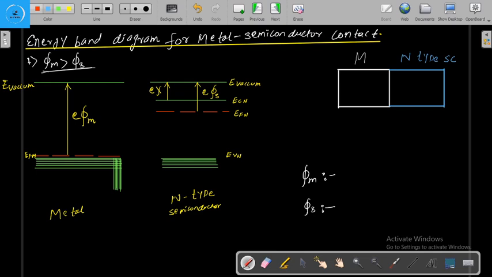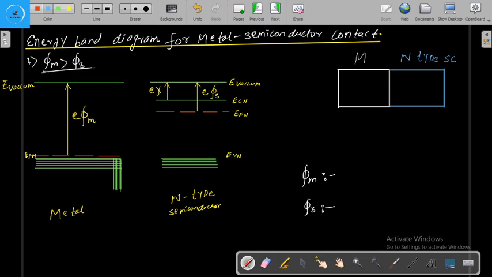When we are talking about the junction between the metal and the semiconductor, the current will flow, that is, the electrons will flow through the junction.